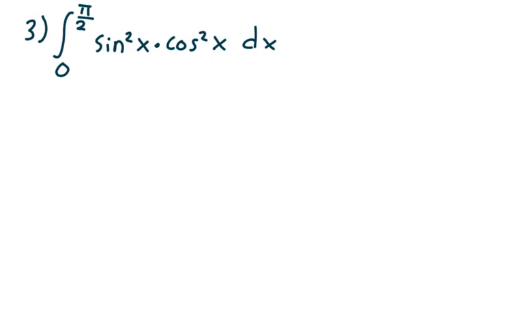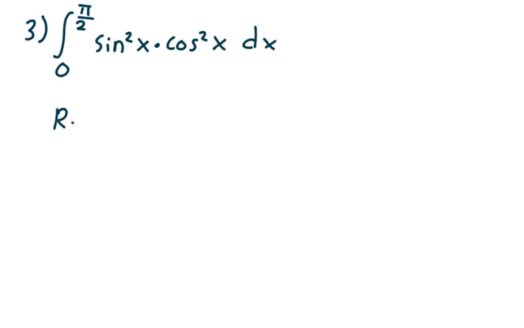Okay, so this one's a little bit trickier only because the power of sine x is 2 and the power for cosine of x is 2, and 2 is an even number. And so we can't save off a sine of x or a cosine of x. So the question becomes, how do we do this?